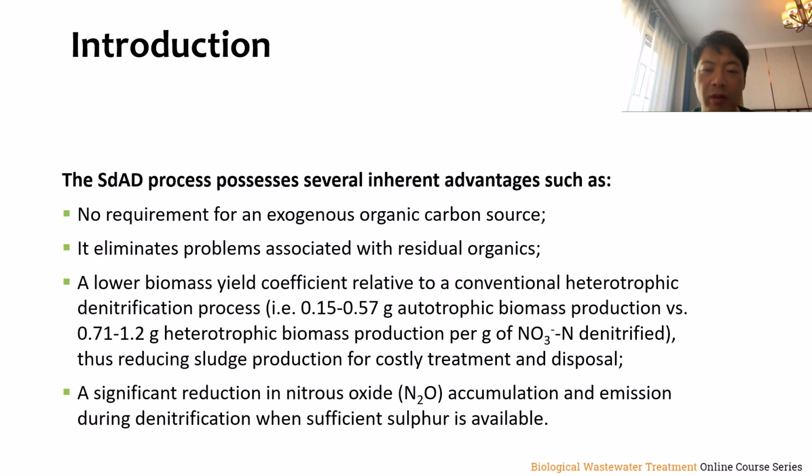Another environmental advantage is that sulfur denitrification can reduce nitrous oxide emission. When sufficient sulfur is available, there will be a significant reduction in nitrous oxide accumulation and emission during the denitrification process.